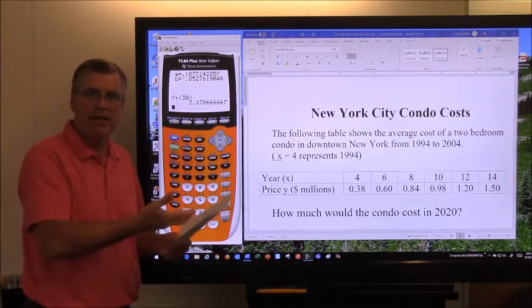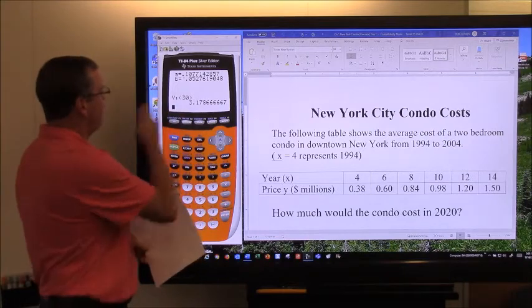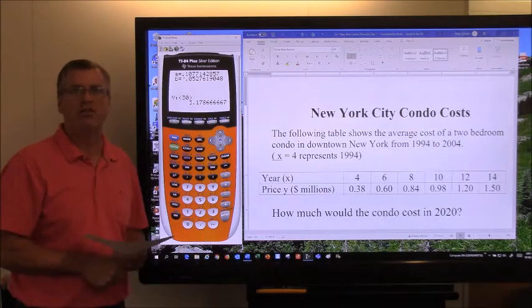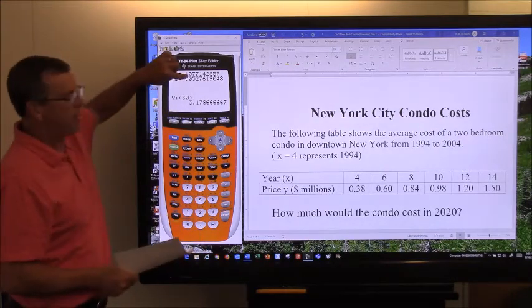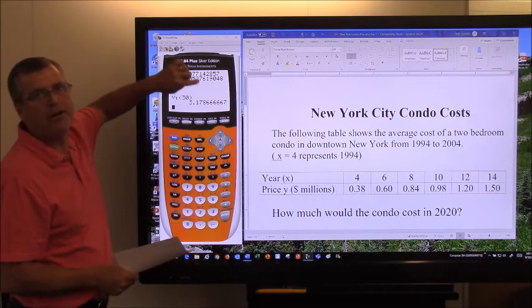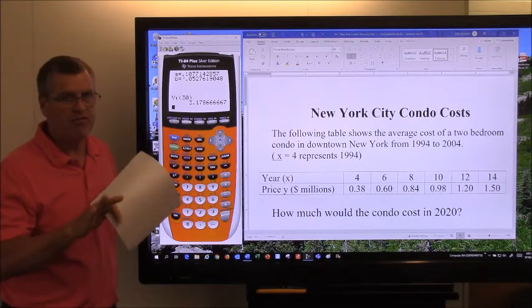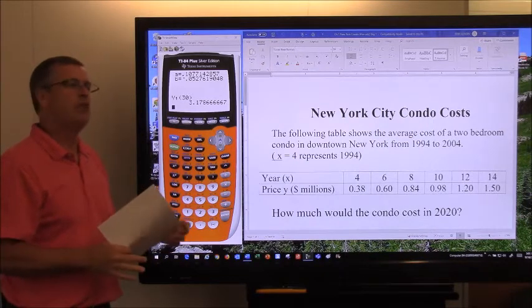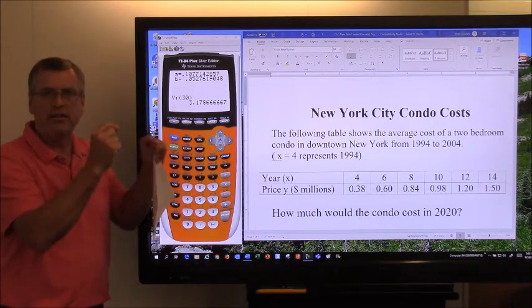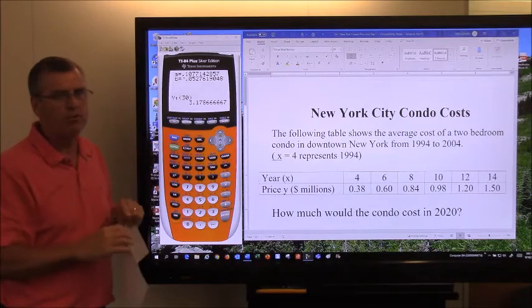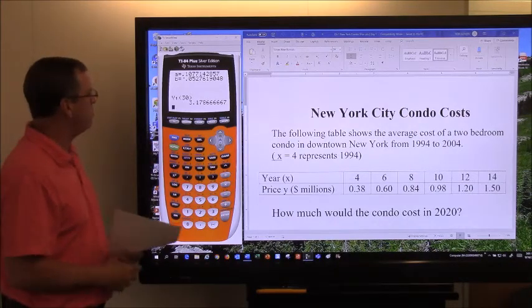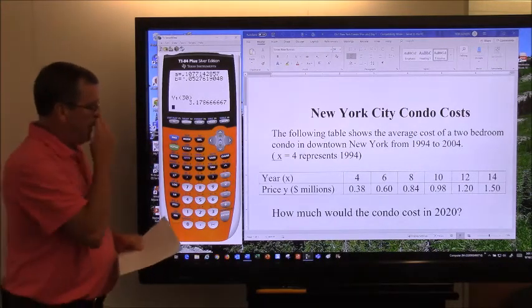That's because I made a guess. I'm not perfect. The calculator is the correct answer. So the closer you got to this, the better of a job you did on this problem, okay? Doesn't mean if you're not close you did it wrong. It means when you did your line of best fit, we were slightly off a little bit. And that's because we're humans. We're making our best guess, and that's okay. All right.